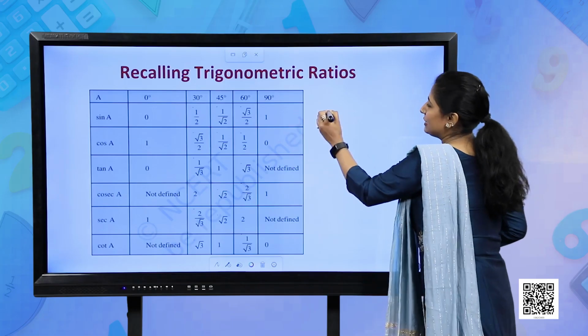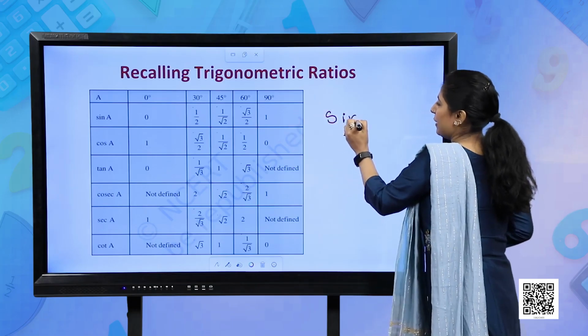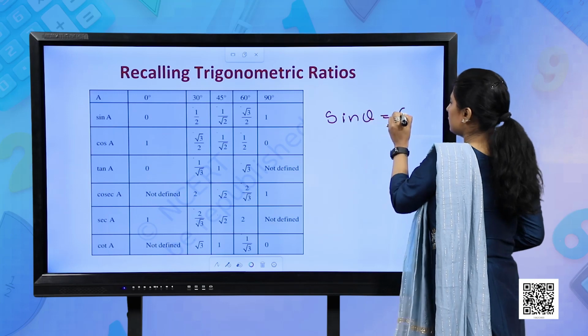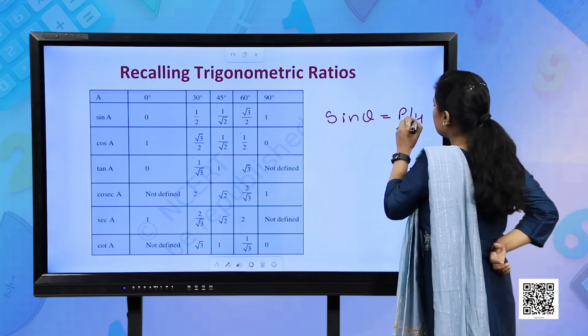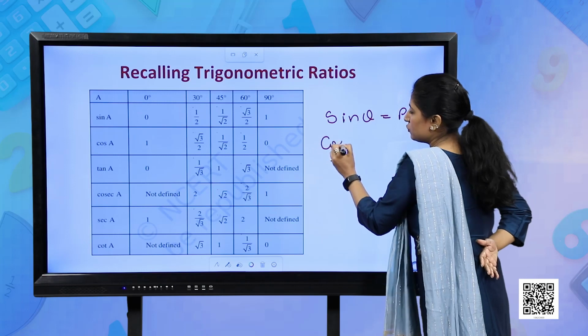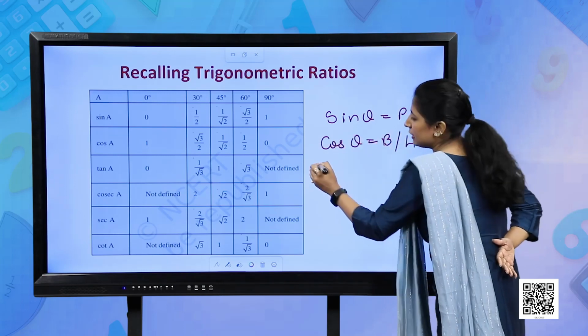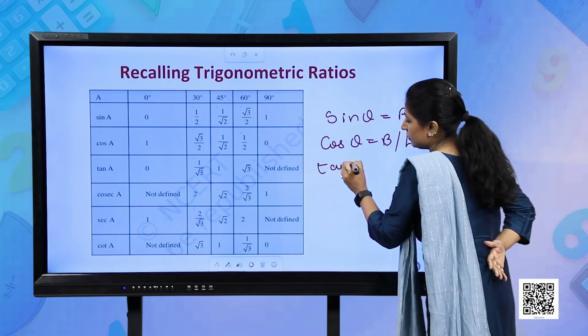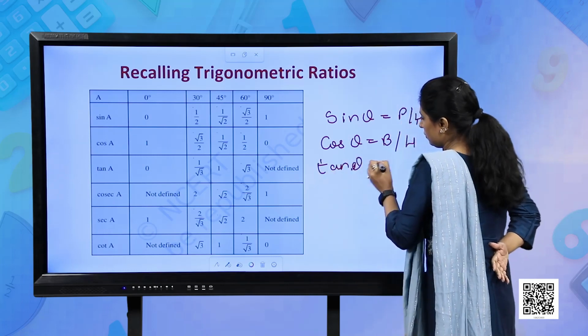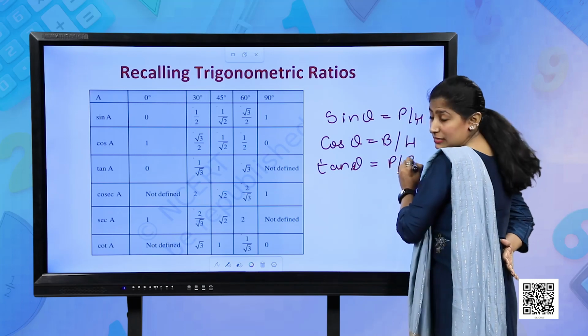You know sin theta is equal to what? Perpendicular upon hypotenuse. Cos theta is equal to base upon hypotenuse. Similarly, tan theta is equal to perpendicular upon base.